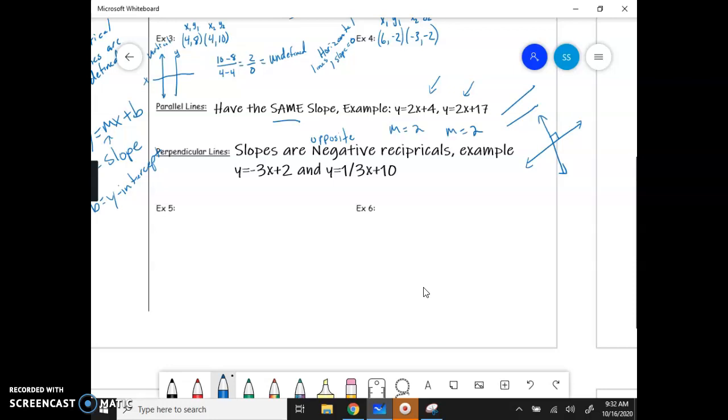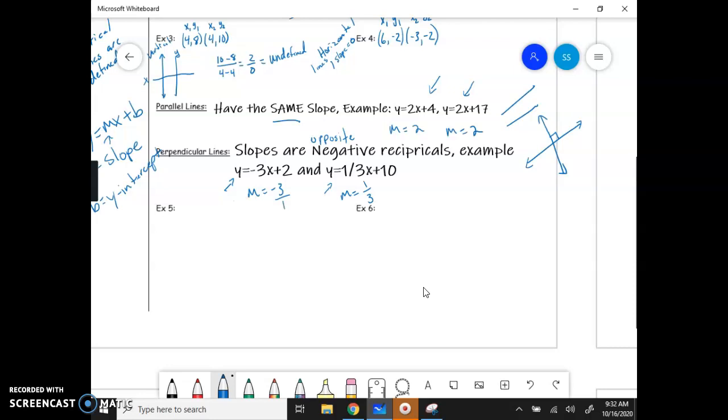Here the slope for this line is -3, and the slope for this line is +1/3. To write the slope for the first line, m being -3, this is a whole number, but as a fraction we could write that as -3/1.